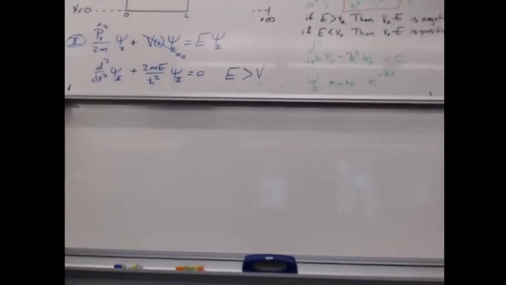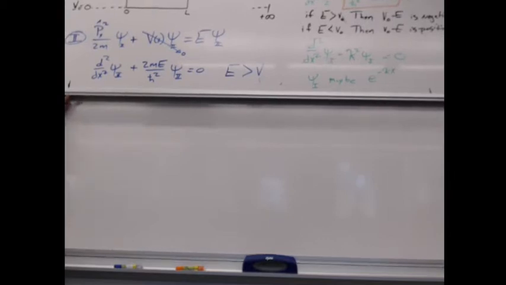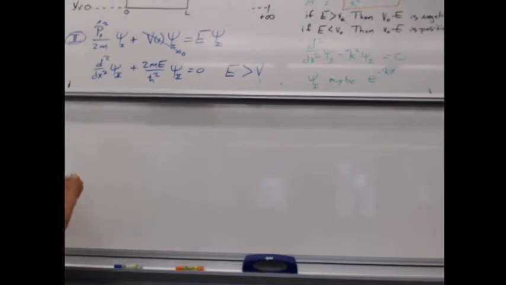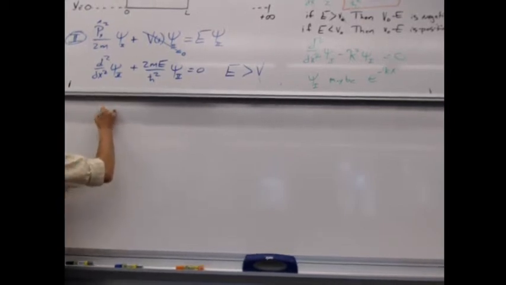Now, this is the part where it gets really complicated, and we don't actually typically solve this in an intro quantum class. Because what's going to happen is we're going to essentially have 3 different wave functions for our 3 different regions, but they're still going to be beholden to some important things.